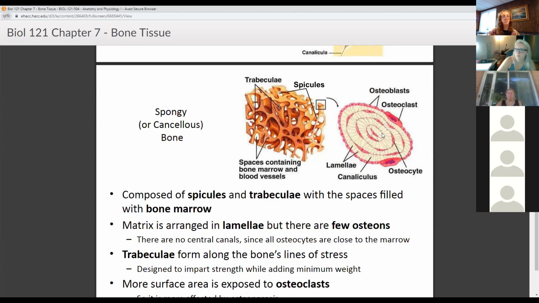But there are few osteons because there are no central canals. You look here, there are no central canals. Why are there no central canals in spongy bone?